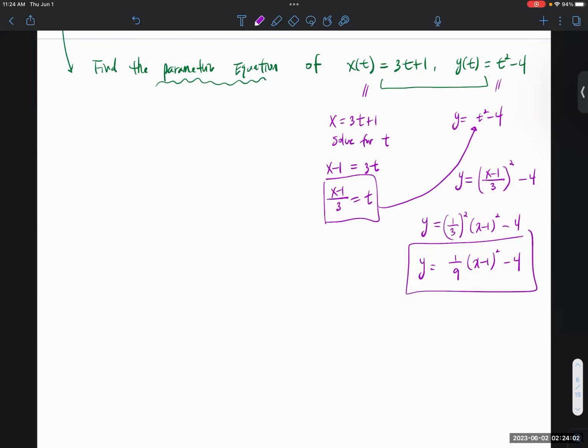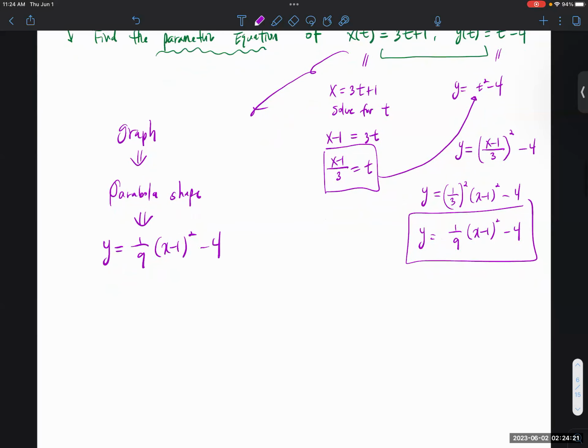When you actually graph those two x and y functions, they're going to have a parabola shape, right? And that equation we just proved, y equal to 1/9 (x minus 1) squared minus 4, specifically has the vertex point at (1, negative 4). That's how you read it.